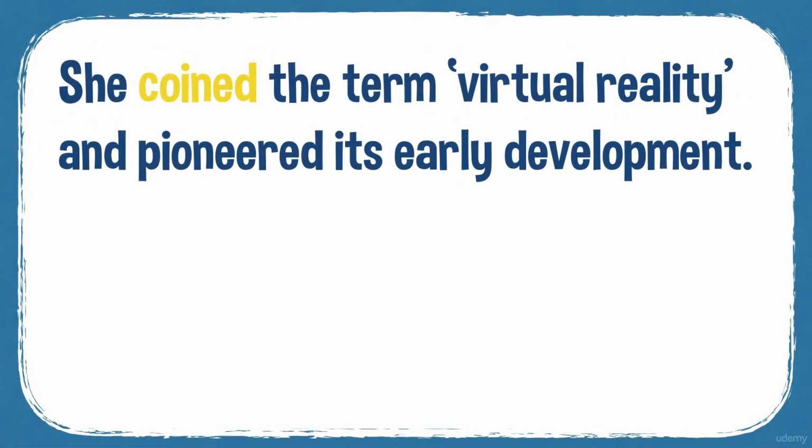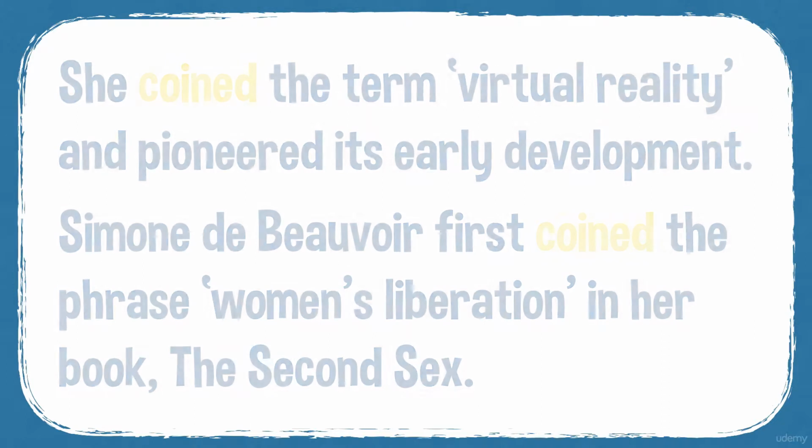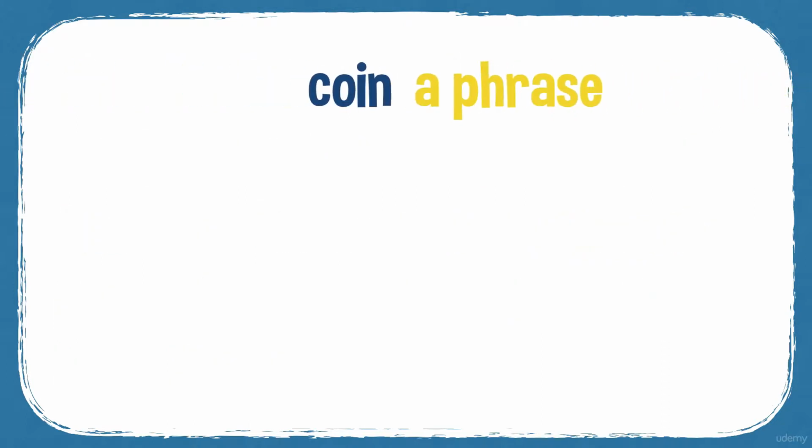She's making something up. She coined the term virtual reality and pioneered its early development. Simone de Beauvoir first coined the phrase women's liberation in her book The Second Sex. So she was the first person to make the phrase, to invent the phrase women's liberation. So she coined a phrase.